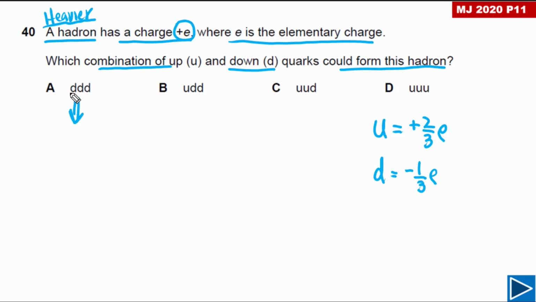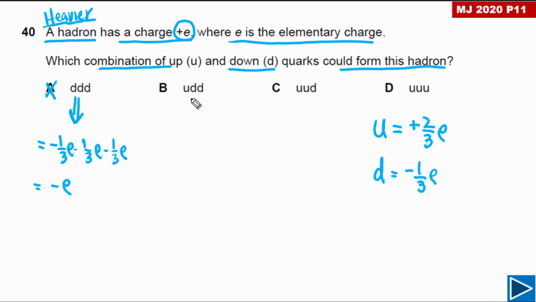We have 3 quarks, so we simply add the charge on each quark. If we add the charges, our final answer in this case is minus e. So this combination will not give the required charge, and this is not the correct option.